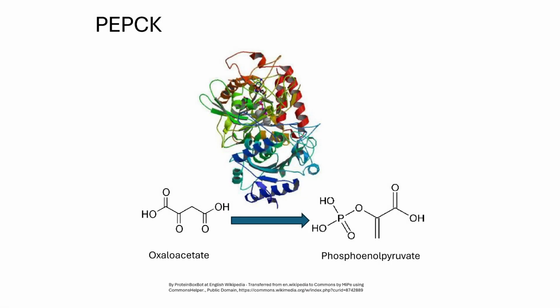Cortisol can stimulate gluconeogenesis by increasing the activity of the enzyme phosphoenolpyruvate carboxykinase, abbreviated PEP-CK. This enzyme catalyzes the conversion of oxaloacetate to phosphoenolpyruvate. This is the rate-limiting step of gluconeogenesis, so when the production of phosphoenolpyruvate is increased, gluconeogenesis speeds up.